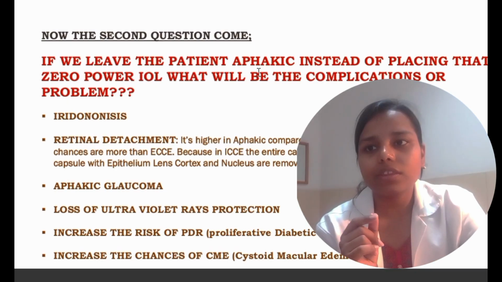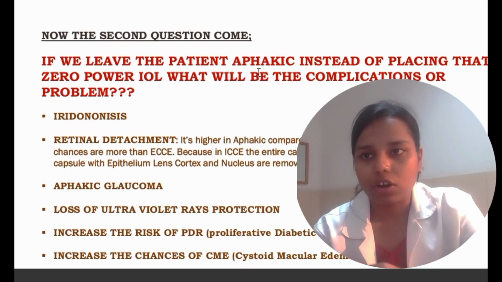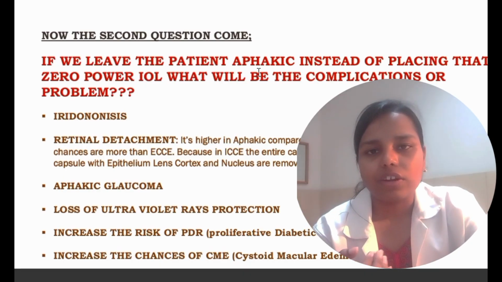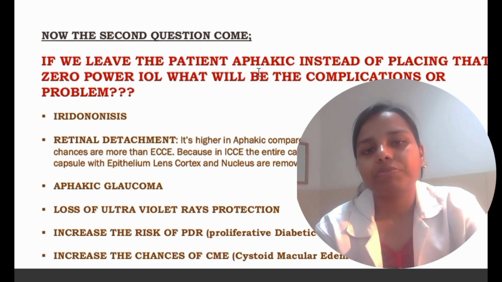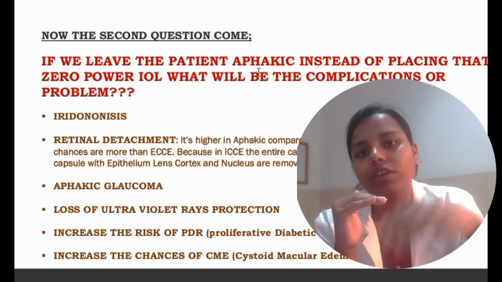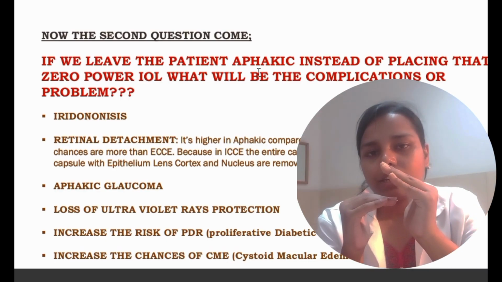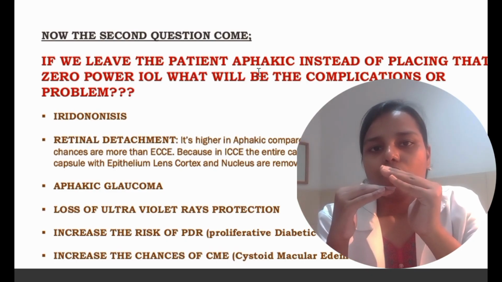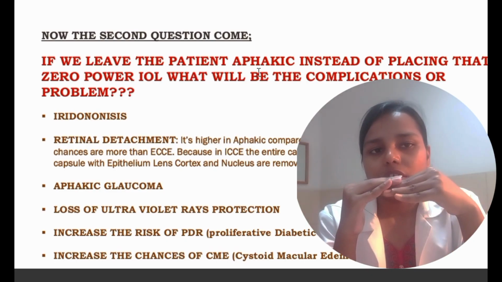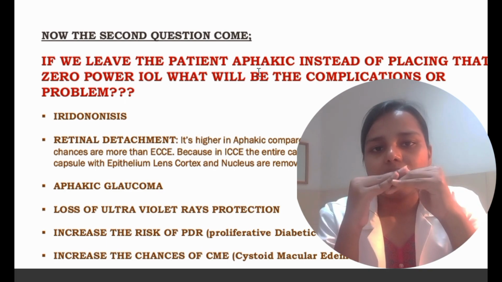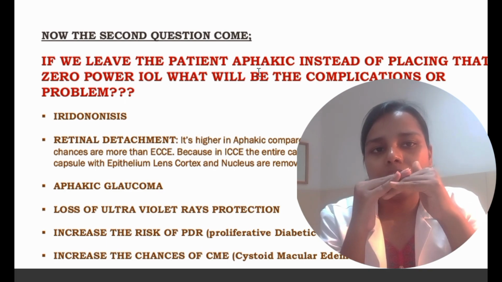Okay. Next, aphakic glaucoma. It's easy, you know it already. What is aphakic glaucoma? Here is the lens. Here is the anterior chamber angle. Nothing is here to support. So when the vitreous is coming forward, it creates pressure on the anterior chamber angle.